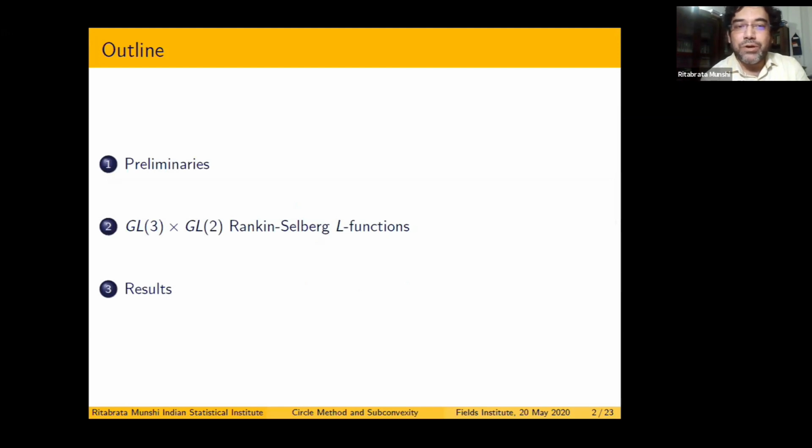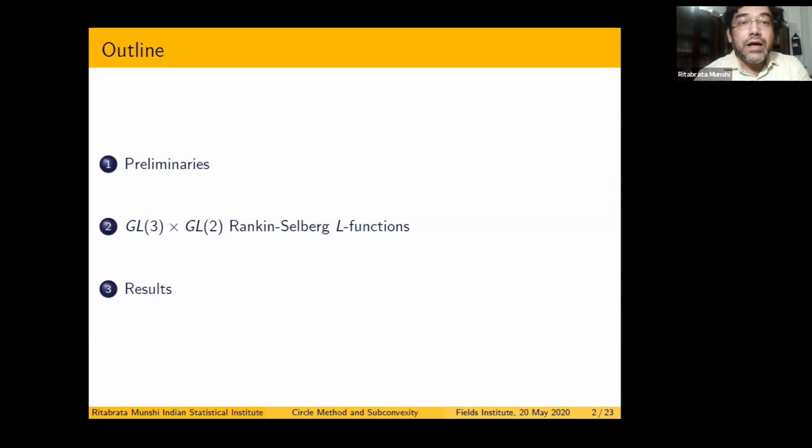I'll talk about what they are, the L-functions related to them, and some Voronoi summation formula and Kuznetsov formula. Next, I will move to describing what are called the Rankin-Selberg L-functions, which are convolutions of GL3 and GL2 modular forms. Then I will describe a new result about subconvexity for GL3 cross GL2 Rankin-Selberg L-functions. And finally, I'll give a complete proof of one such result.